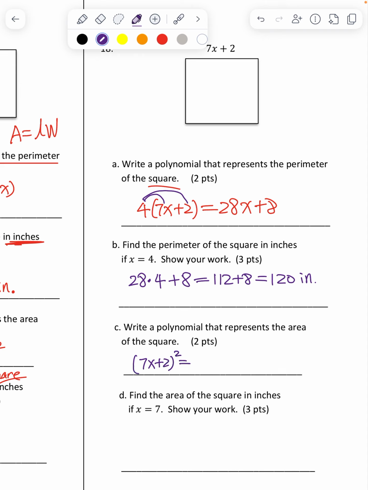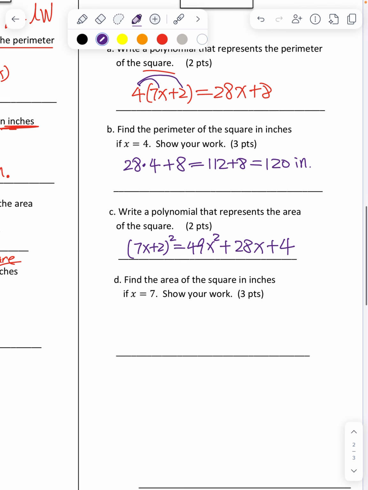So the first term squared, 49x squared, plus 2 times 7x, and then times 2, that's 28x. So 28x, and then plus 2 squared, that is 4. So that's it. That's the area.